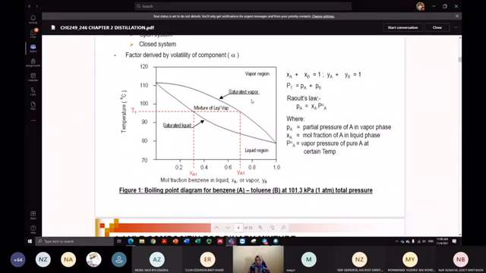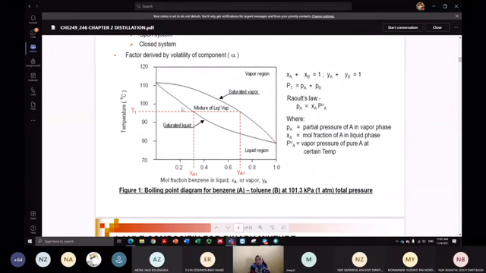The terms used in this particular chapter can be saturated liquid. The condition of the feed is in saturated liquid form, maybe saturated vapor form, maybe liquid form, maybe vapor form, maybe a mixture of liquid and vapor.